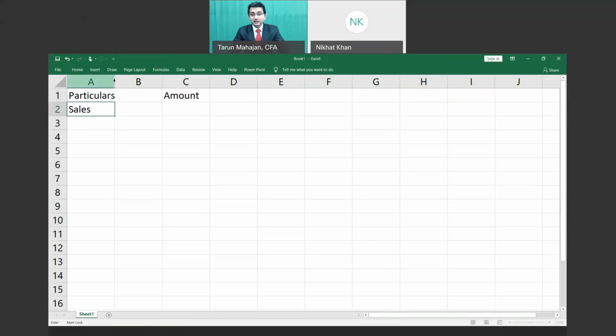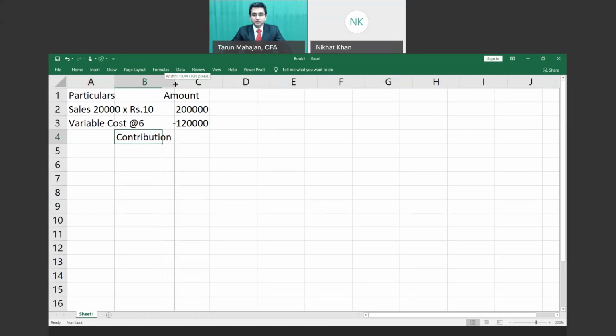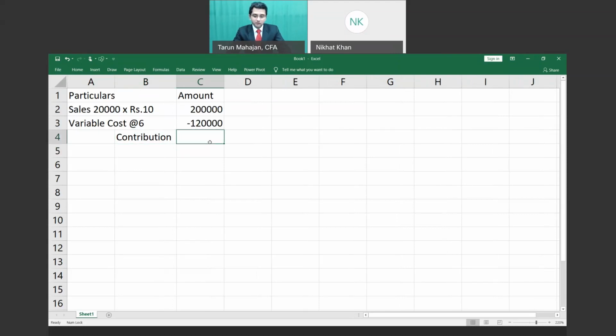So here I go. My sales is, say, 20,000 units into rupees 10 per unit. That is 2 lakh rupees. Variable cost at the rate of 6 rupees, 20,000 into 6, it is 1,20,000. When I deduct it, I'll get contribution. So contribution is 80,000 rupees.